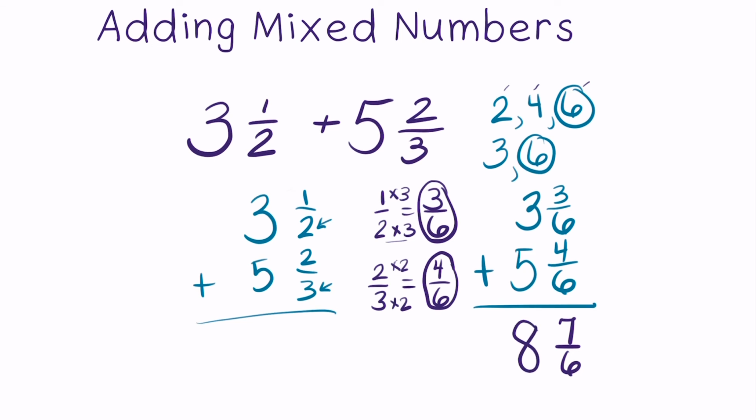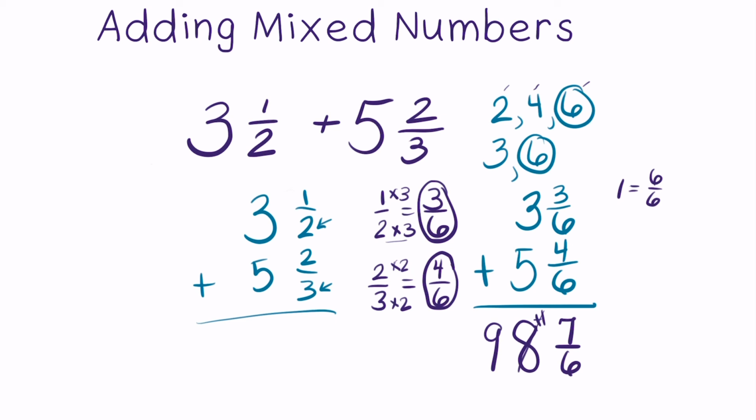Now we have 8 7/6, but as we noticed before, 7/6 is an improper fraction. And what we would like to do is take the equivalent of this fraction that represents one whole. So 1 whole, when represented in sixths, is 6/6. And we would like to add that onto the whole number. So 8 plus 1, right? And that's going to equal 9.